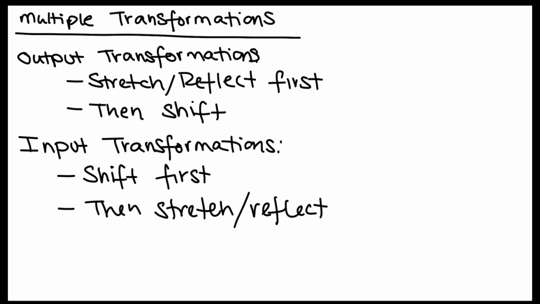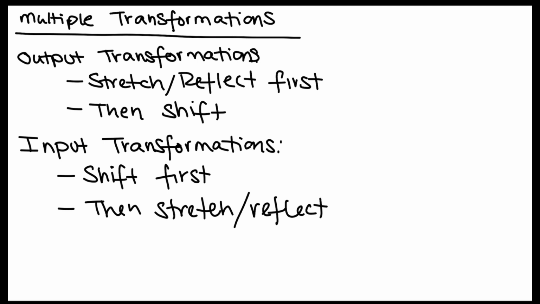Input transformations are always backwards. We do the opposite. It's like we're solving an equation. So we're going to have to do our adding and subtracting first, then we'll do our multiplying or dividing. In terms of our transformations, we're going to do our shifts first, then we'll do the stretching and the reflecting.